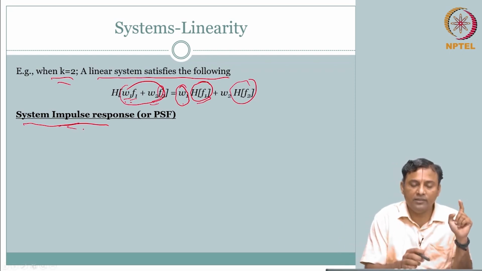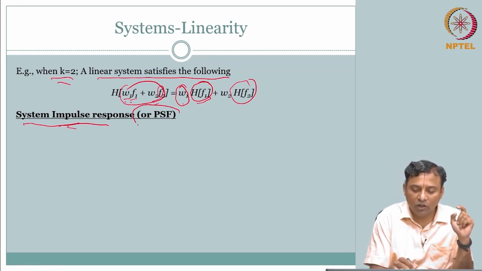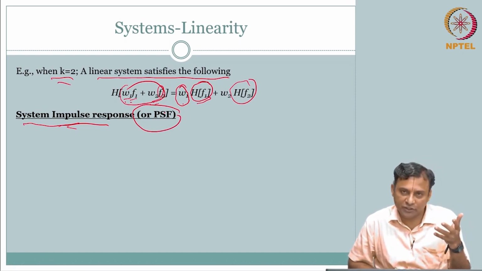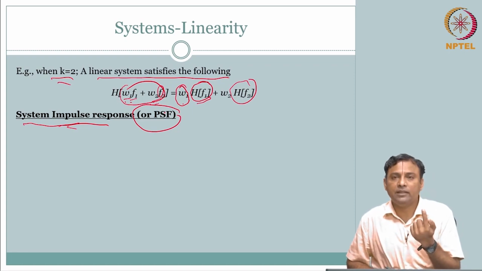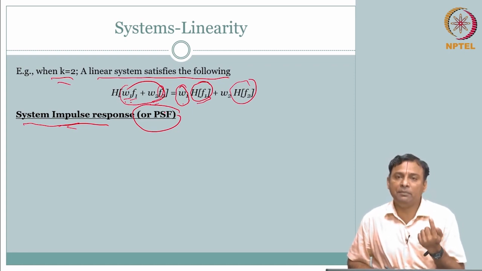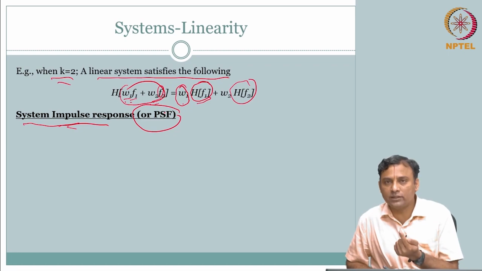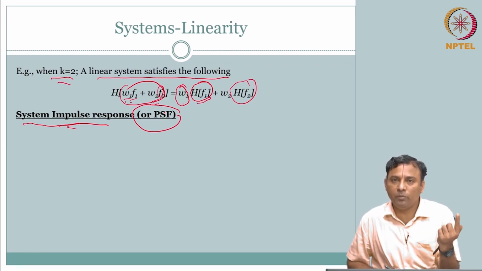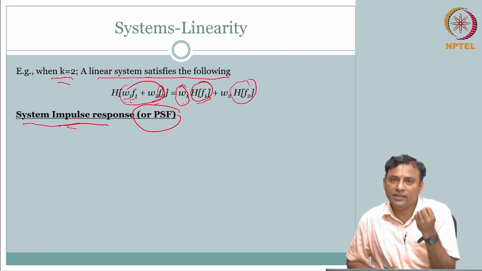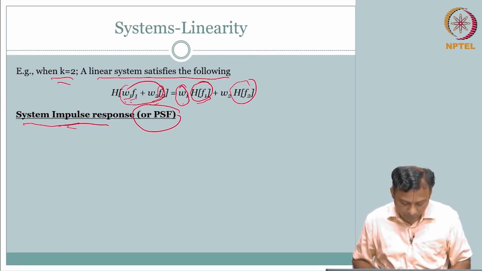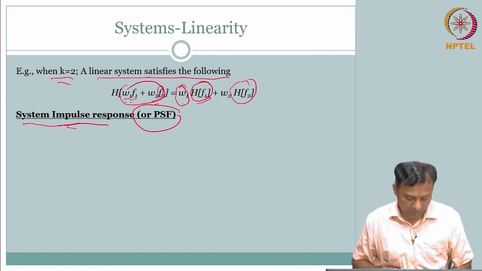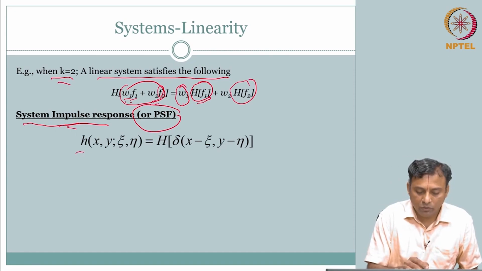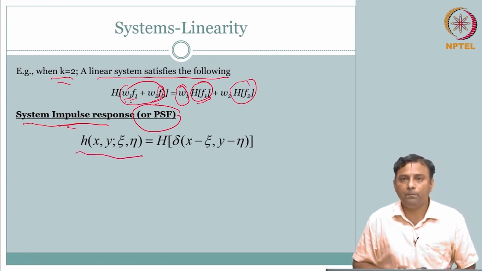Similar. Only thing is, we call it here the point spread function, because we talked about the point impulse. When it comes through the system, the point is spread. So how does the system respond to a point? It spreads the point. So it is the point spread function. So how do we write? Oh, so your h of x comma y, right?